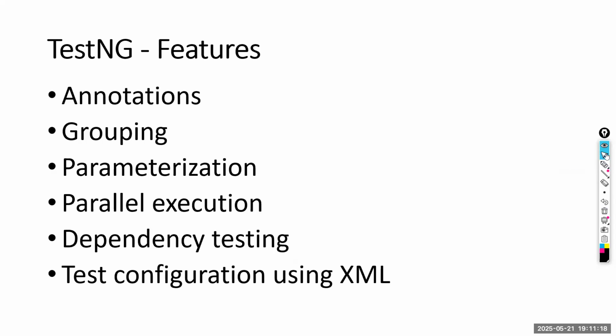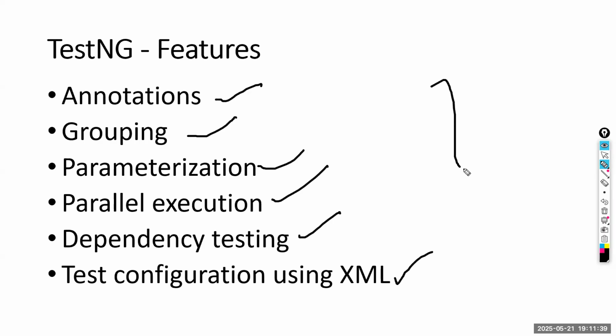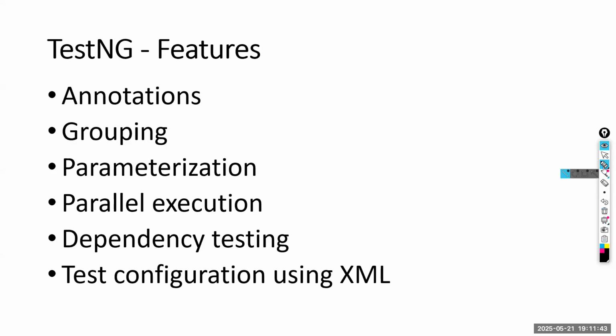Most of these features are borrowed from JUnit. TestNG also introduced some new features like use of annotations, grouping of test cases, parameterization, parallel execution of testing, dependency testing, and test configuration using XML. So those are some features of TestNG.